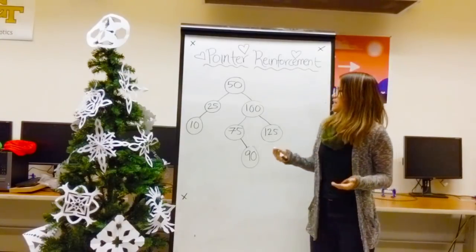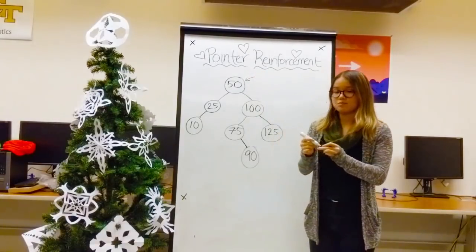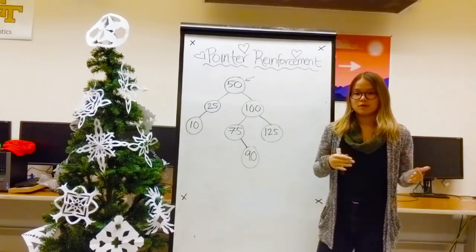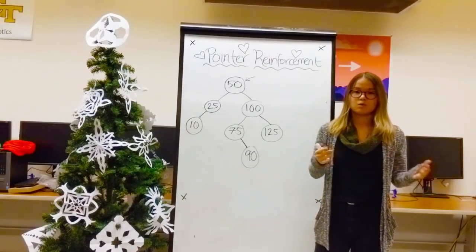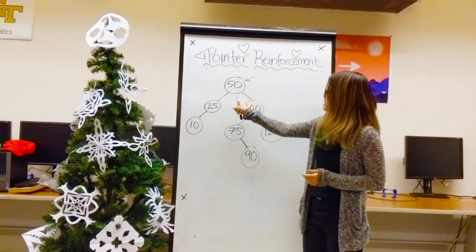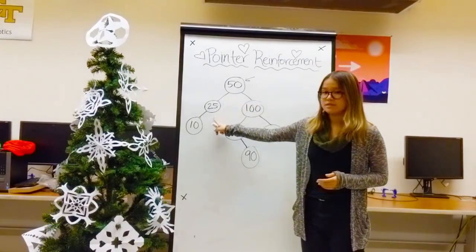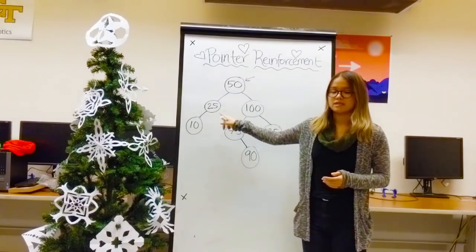If we're looking for the predecessor of any value, so let's say we're at the 50, and we want to find its predecessor, we're going to follow a similar pathway down the tree to find it. This pathway is pretty set just because of the order property that BSTs have. So to find the predecessor, you start by going to the left once, and then as far right as possible before you hit something that has a right of null.